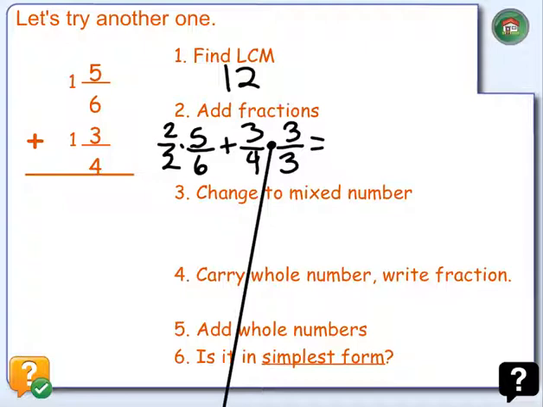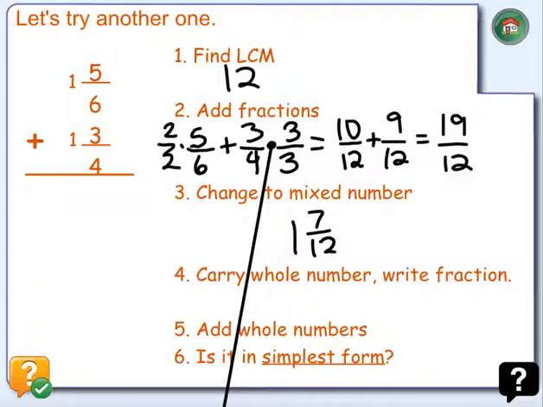So we are actually adding together 10/12 plus 9/12, which is 19 over 12. We change it to a mixed number to say that's 1 and 7/12, so that we can write 7/12 down here and carry the 1. And 1 plus 1 plus 1 is 3. We see if it's simplest, and yes it is, 3 and 7/12.